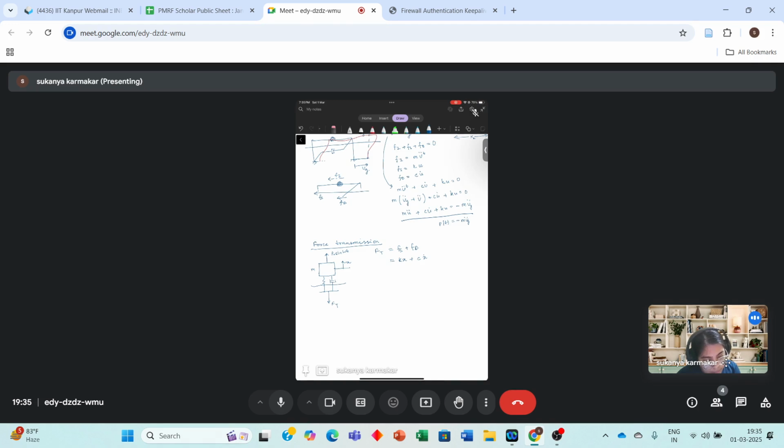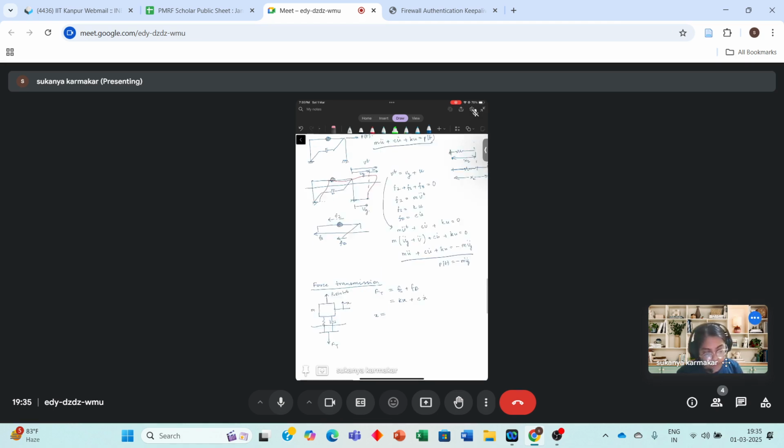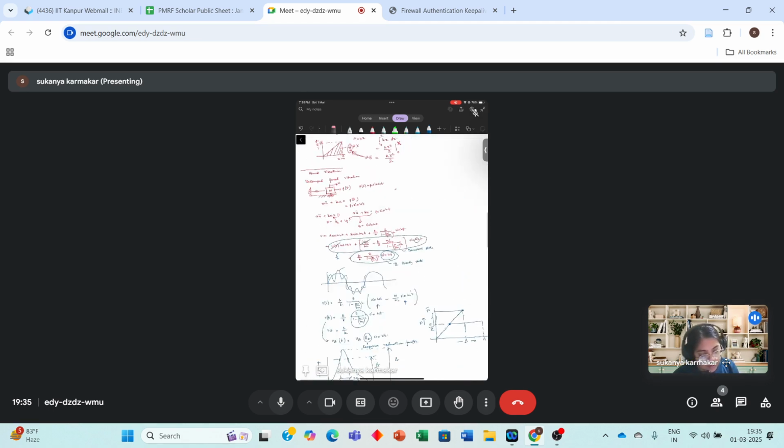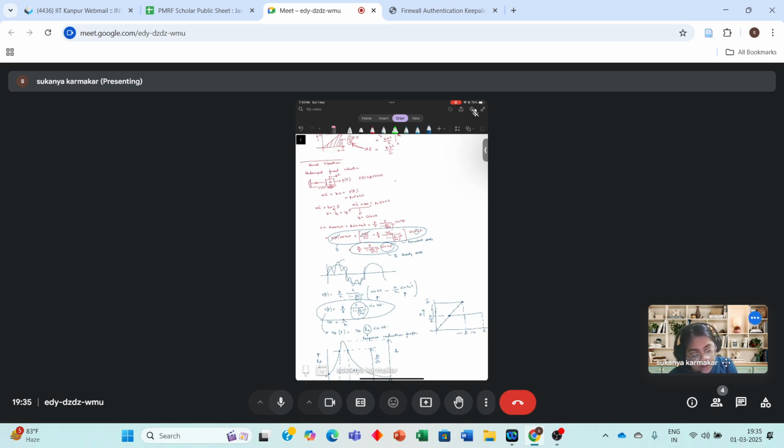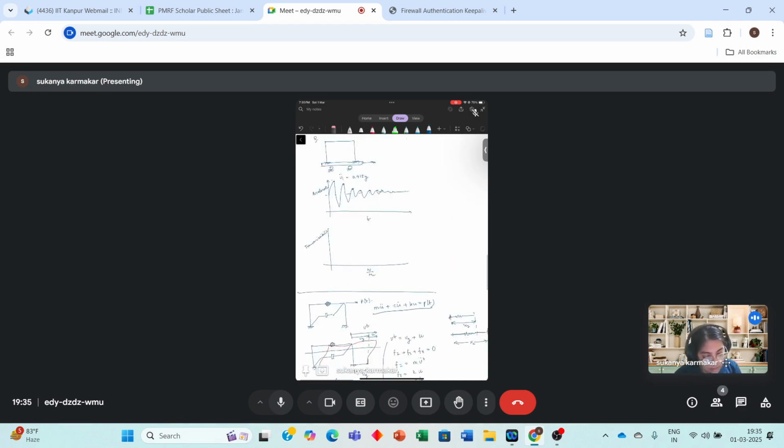Now, what is x under this situation, when a mass m is subjected to a force p of t? We were deriving the expression, assuming that the initial conditions are zero.